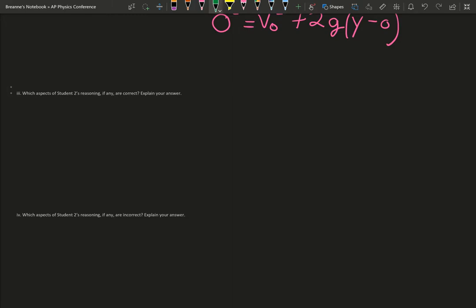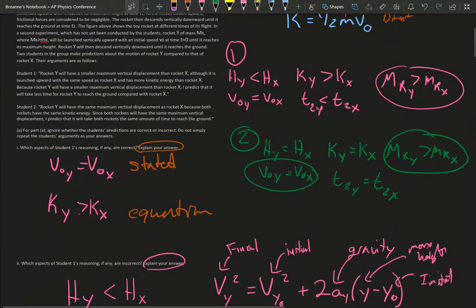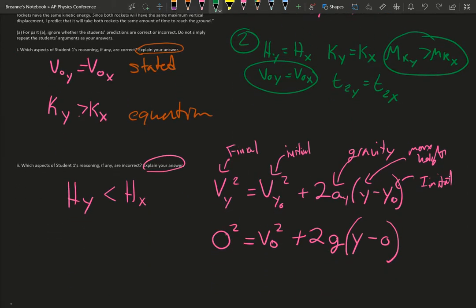So which aspects of student 2 reasoning, if any, are correct? So let's go back up to student 2. Well, we just proved the height part for student 2. We just disproved the kinetic energy part of student 2.